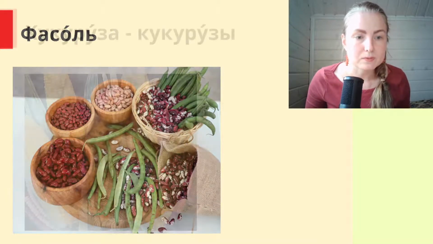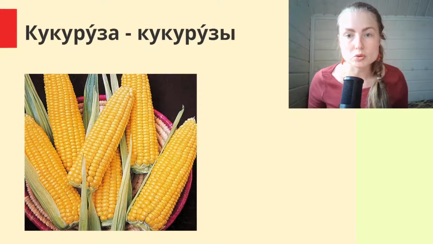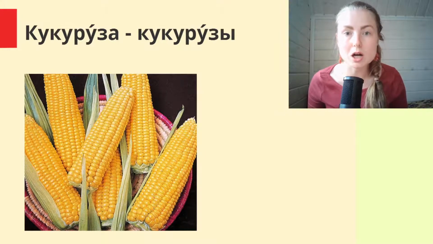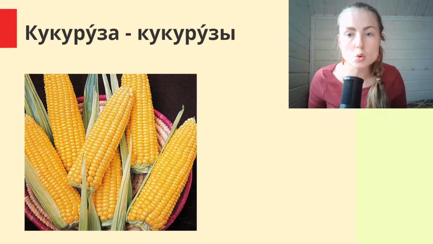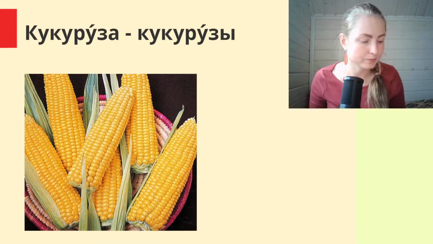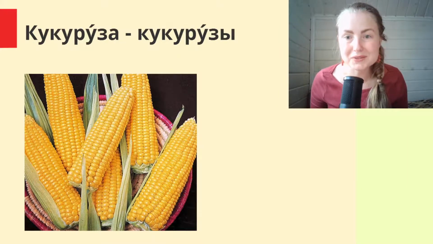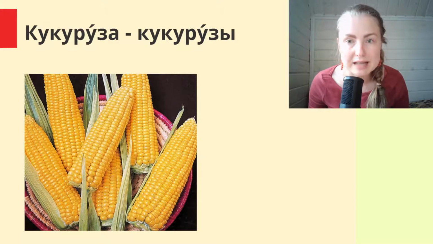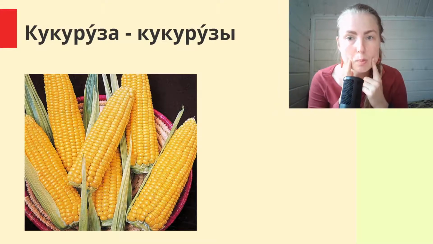Next word is кукуруза. Одна кукуруза. Много кукурузы. Here we have three U. So my lips are in the shape as when I want to kiss someone.